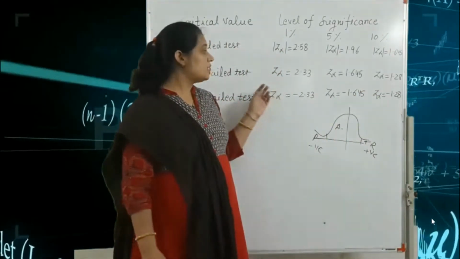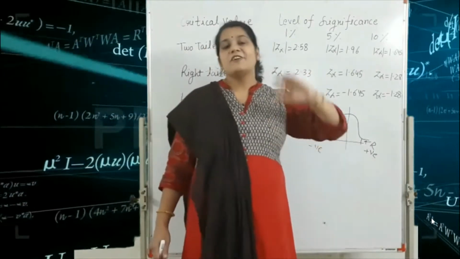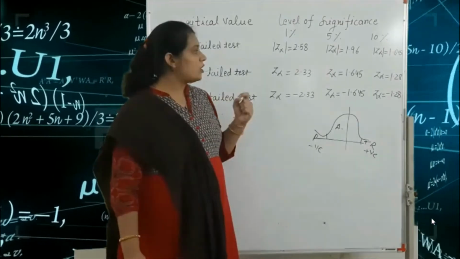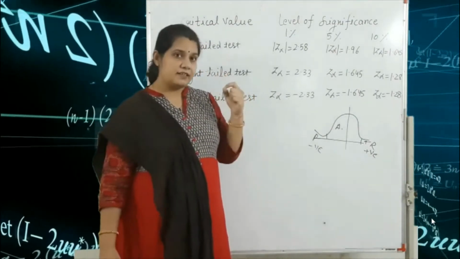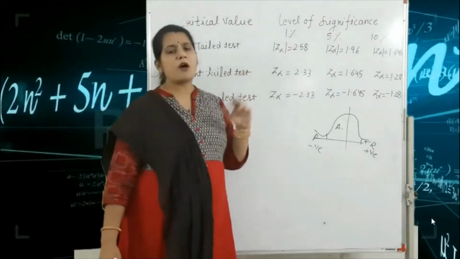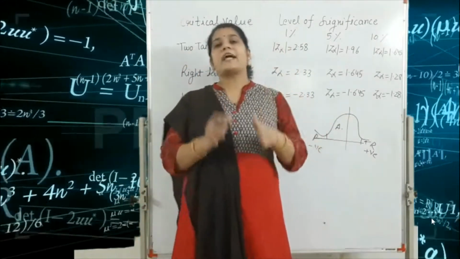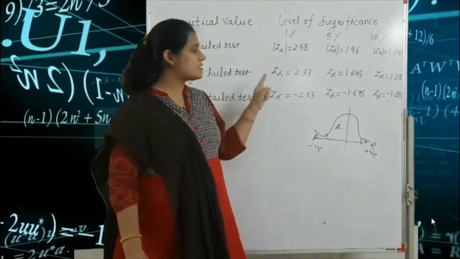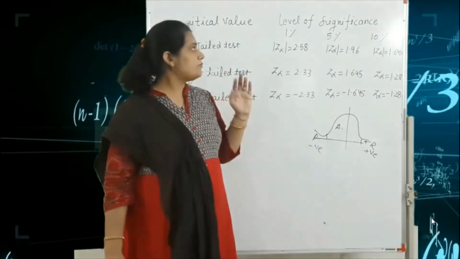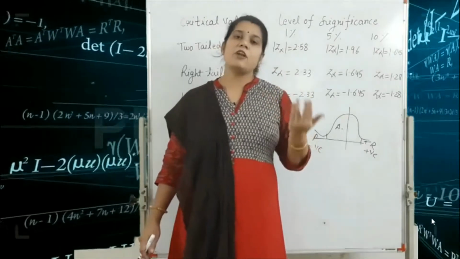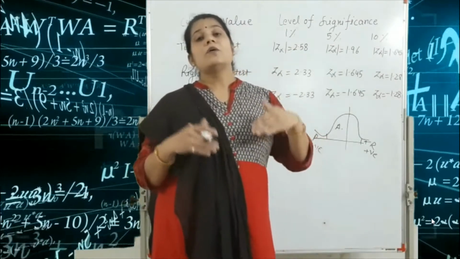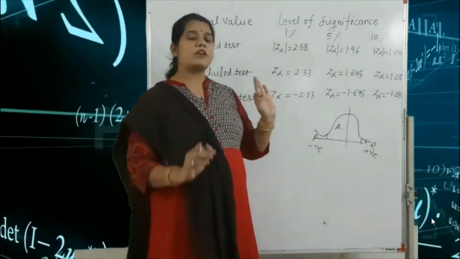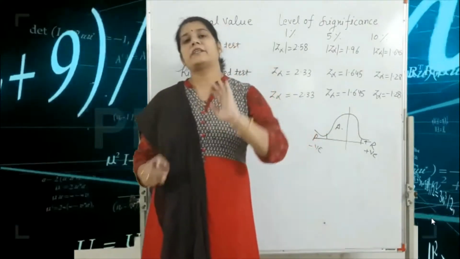Okay, so there is one trick here. When we solve every hypothesis problem, always write the Z alpha in the positive form, whether the question is given in two-tailed form or one-tailed form. That means we always write the mod of Z alpha. If a question is given at the 1% level of significance with a right tail test or left tail test, we always write mod of Z alpha is equal to 2.33.